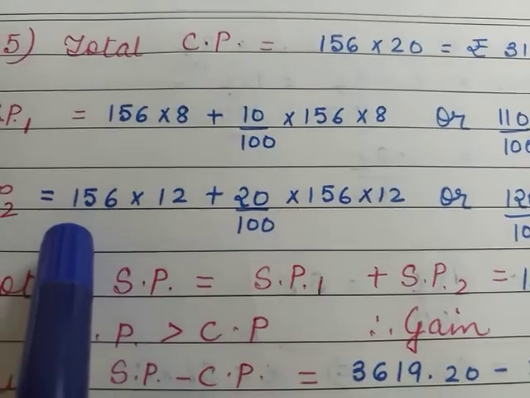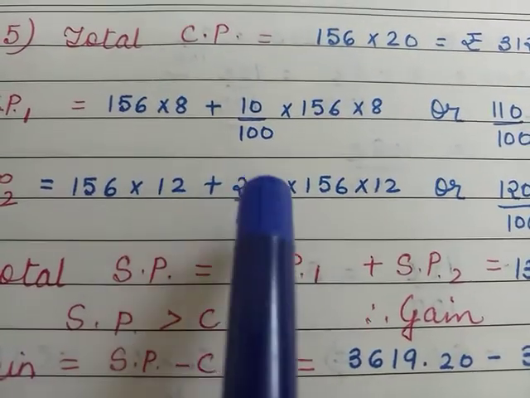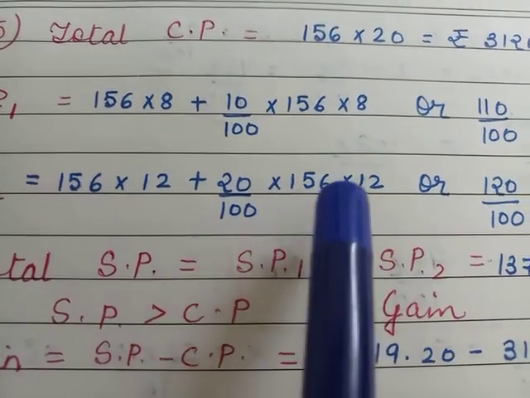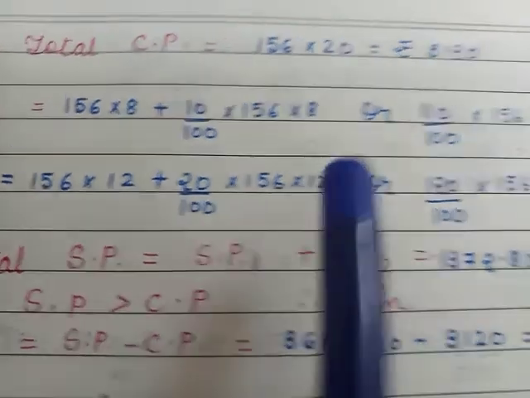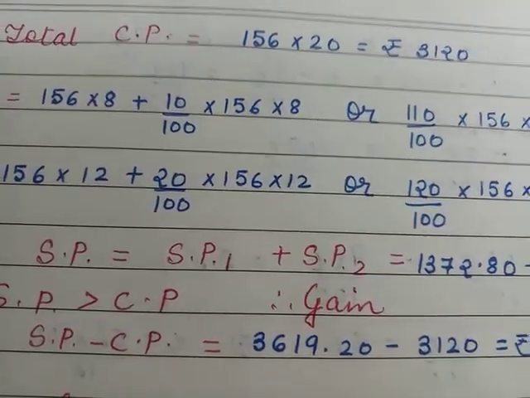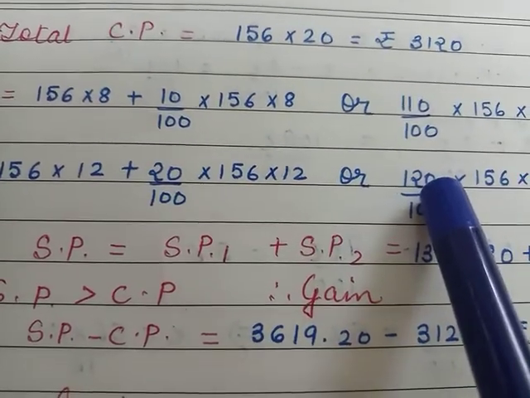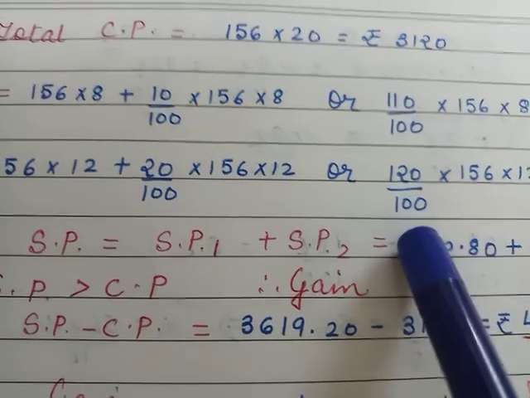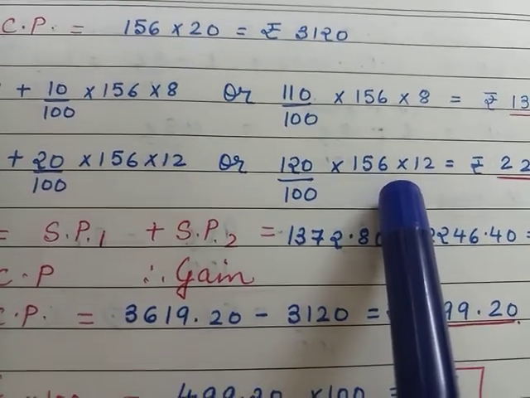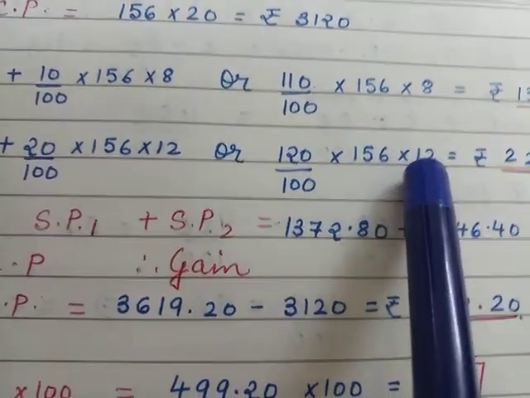Then we calculate the selling price for the remaining 12 dozen. So cost price of remaining 12 dozen will become 156 into 12 plus 20% profit he is gaining. So 20 upon 100 into 156 into 12. Or you can do, the cost price is 100, he is having a profit of 20%, so selling price is going to become 120 upon 100 of the cost price of 12 dozen notebooks, which is 156 into 12.